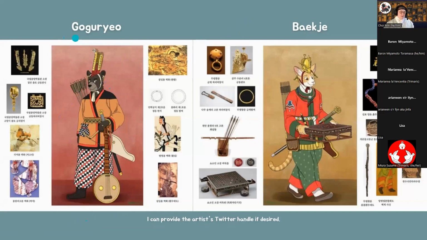So here's Goguryeo represented by a bear, and he's done a really good job of showing the extants here. There are some checkered depictions of Goguryeo that I didn't have in my slideshow. But checkered pants are bomb, and I kind of want some, so I might make an early Goguryeo period depiction.